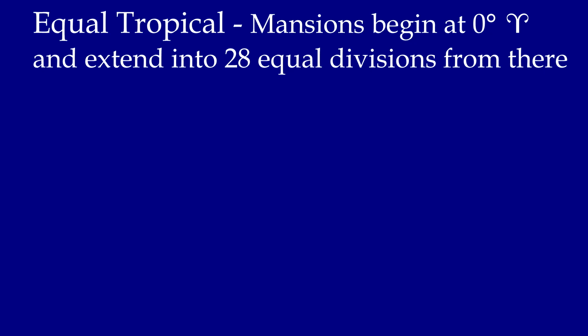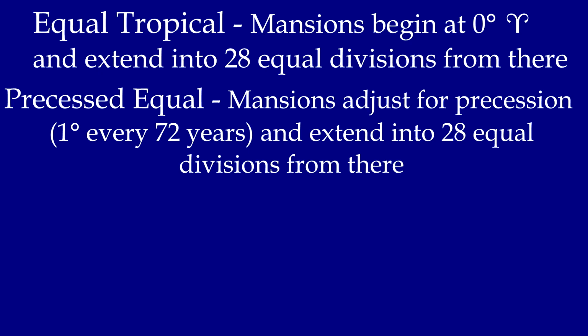And that's that one. We have another one which focuses on precessing the lunar mansions, and that also tends to be equal. So by that I mean the tropical version, which has it stuck to the solstices and the equinoxes, says the lunar mansions begin at 0 degrees Aries. But a precessed system tries to keep up with the constellations, the asterisms that the lunar mansions are associated with.